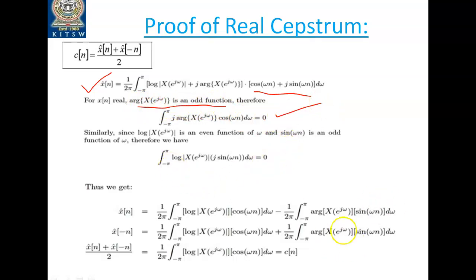Similarly, if you take minus n in place of n, this is how we look at the equation. If you observe carefully, you will get [x̂(n) plus x̂(−n)] by 2 equal to c(n). This is the proof of the statement that you are seeing in the rectangle box at the top left of the slide.